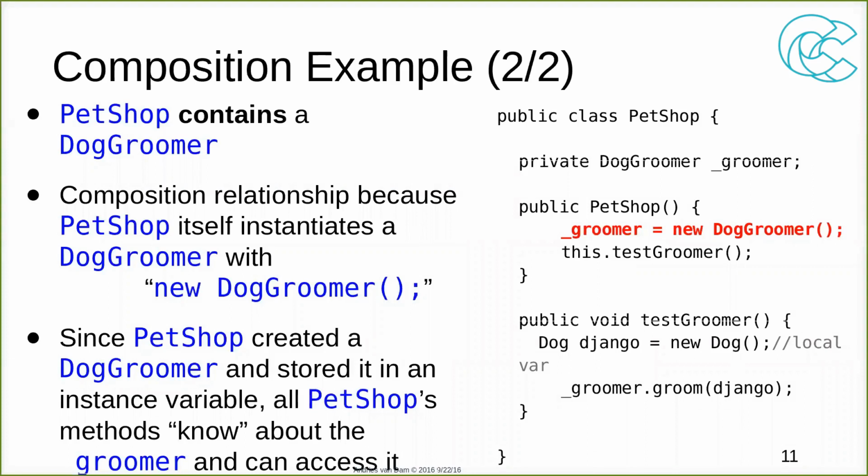Obviously the array inside will also get deleted because it was a member. But when we go to the groomer instance, it would no longer be pointing to that particular pet shop object, right? It still exists in the memory.